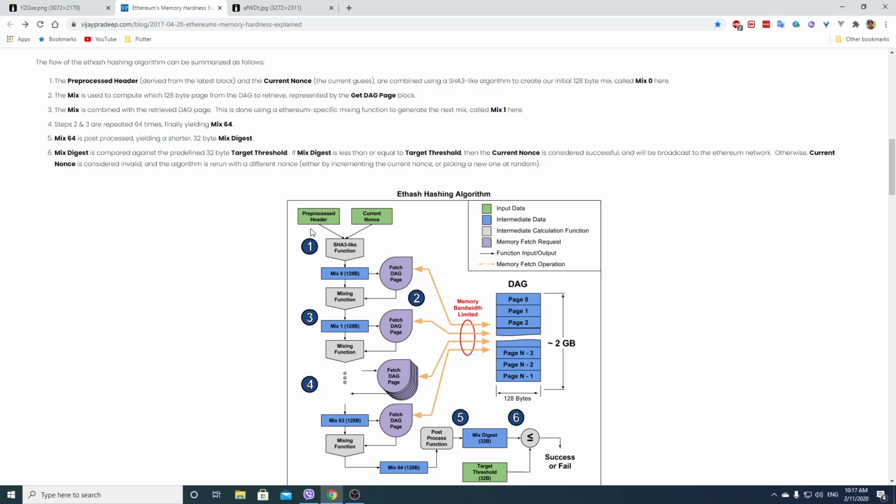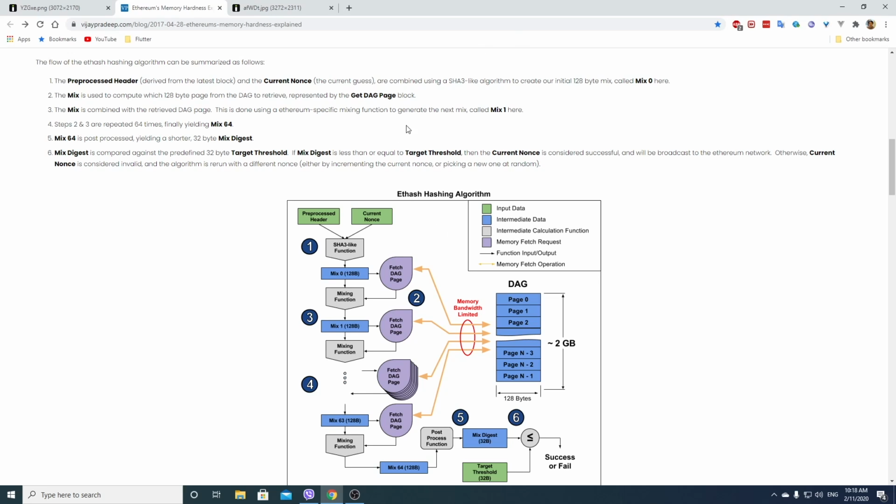And with the header of the past blocks, you can create a seed, and from that seed, you create a large data set, right? This DAG. So that data set is 1 gigabyte of memory, and now it's growing to 4 gigabytes. And it looks random, but it's actually coming from one single value, right? It just happens to be very large on purpose.